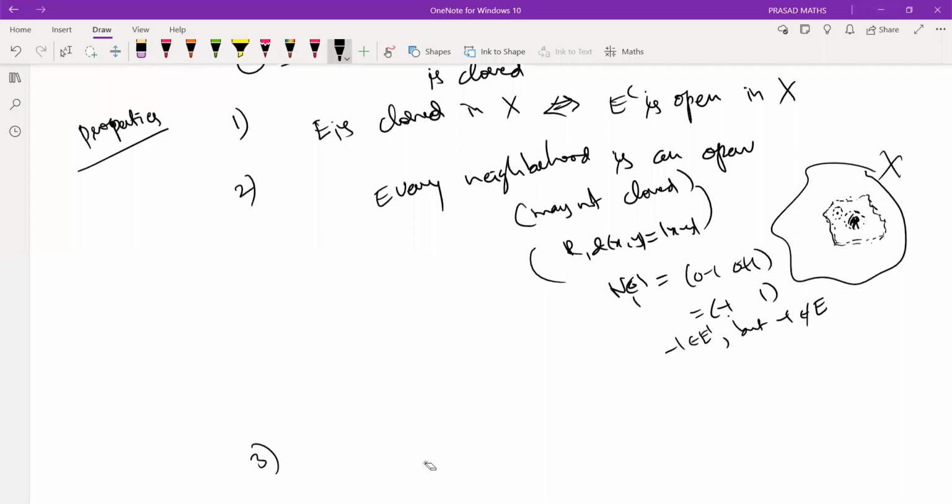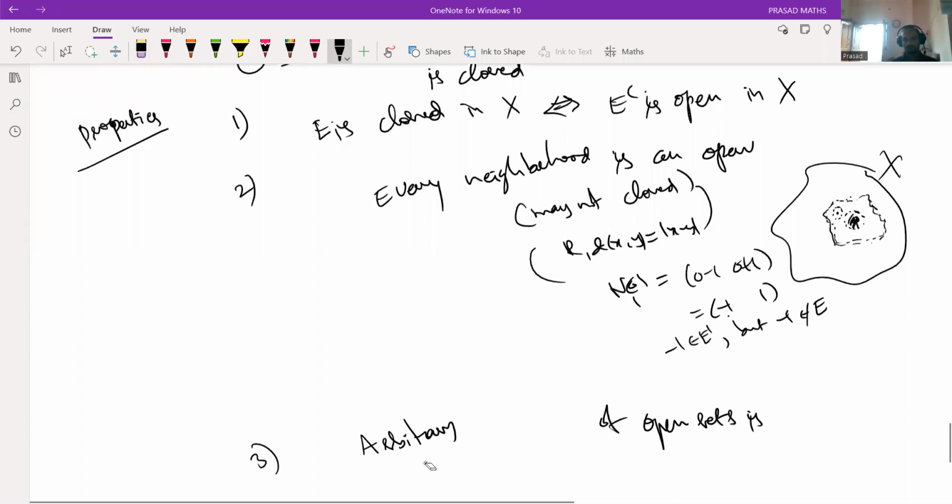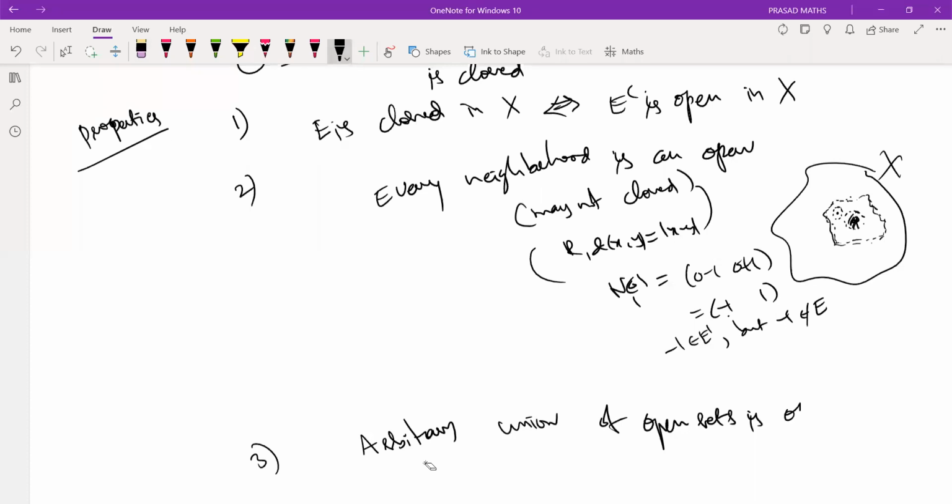Next. Arbitrary intersection of open sets is also open, not intersection, union. Arbitrary union of open sets is also open.